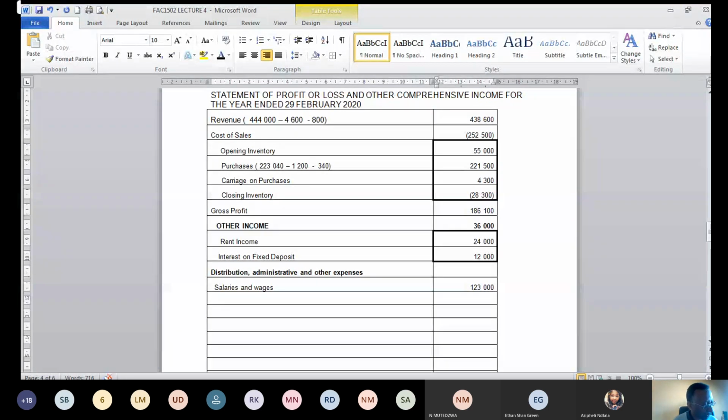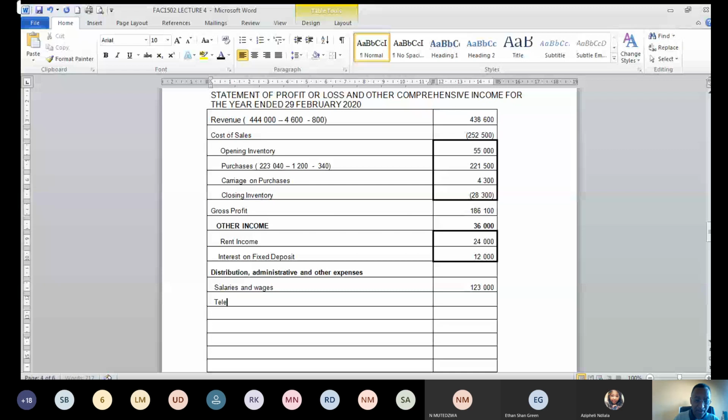My next expense, if I go down my list, is my telephone expense. And my telephone expense is the amount of 9,600.